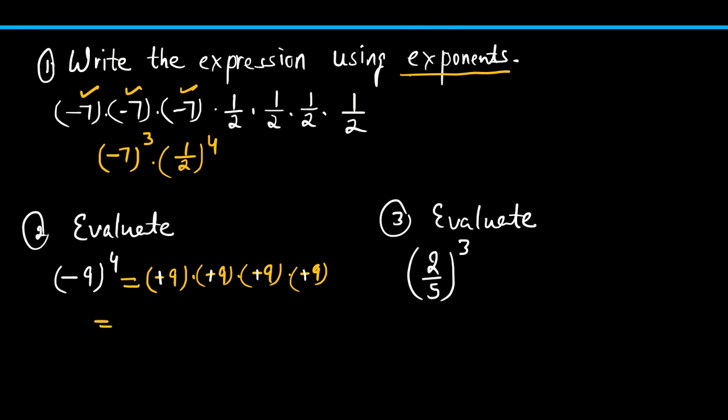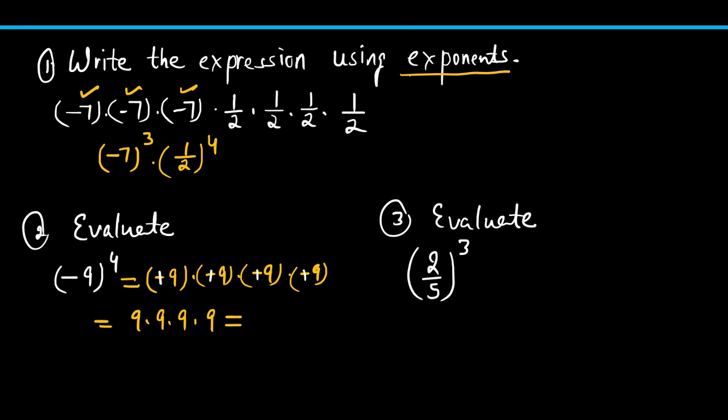If the negative numbers are in even numbers, then they become positive, and all you need to do is grab a calculator to multiply 9 times 9 times 9 times 9, and you will get your answer.